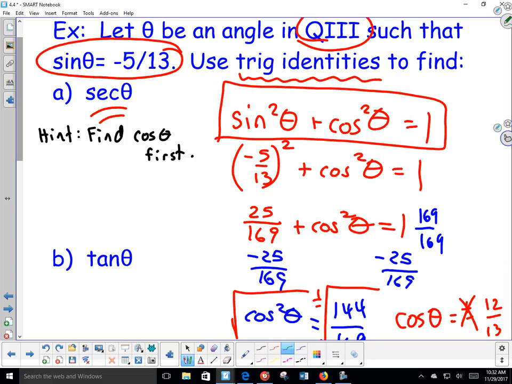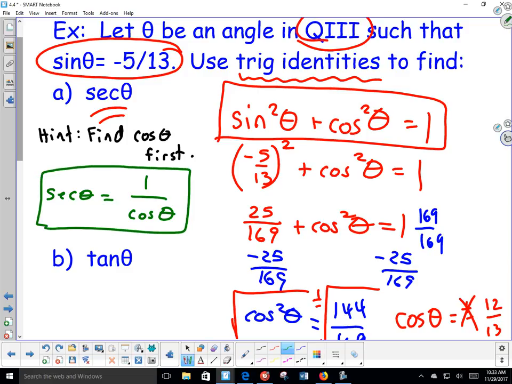Cosine theta equals 1 over secant theta, or the reverse of that, secant of theta equals 1 over cosine, right? Agreed? Cosine's equal to 1 over secant, so secant's equal to 1 over cosine. And I'll put that in a box to say, hey, this is the identity I'm using.